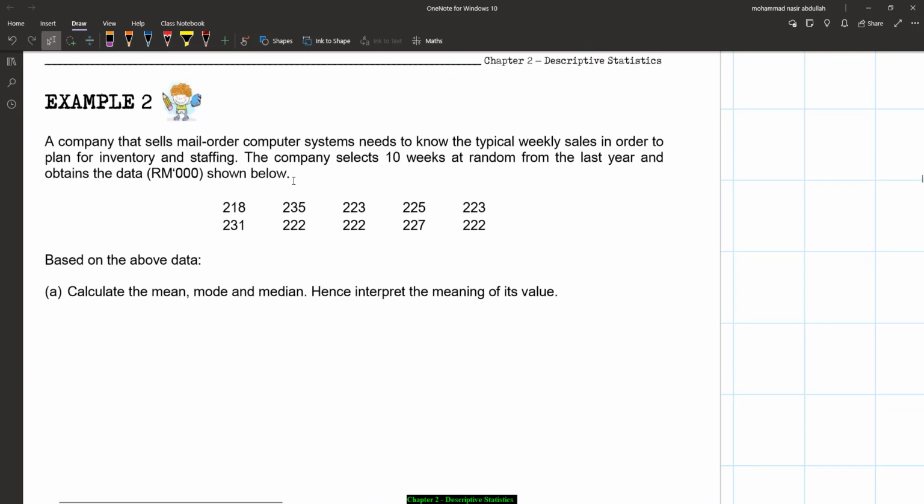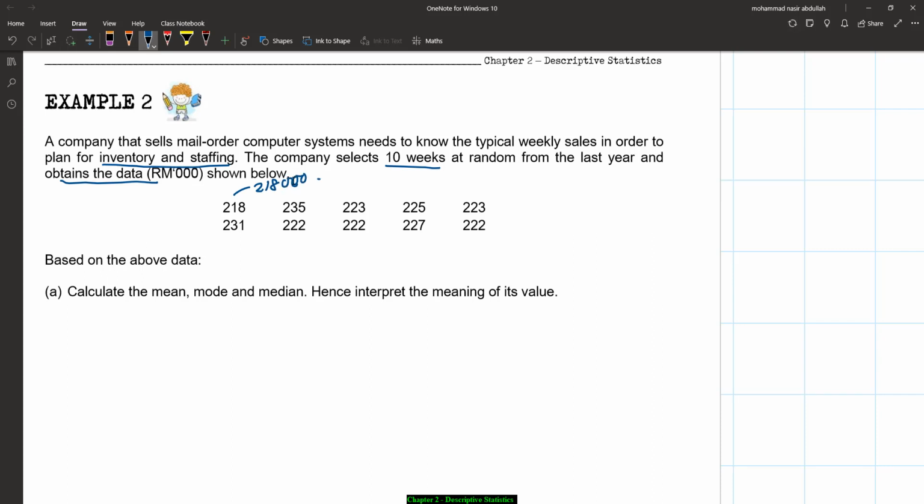So example number 2, a company that sell mail order computer system needs to know the typical week sales in order to plan for inventory or staffing. The company select 10 weeks at random from the last year and obtain the data in thousand. Right, in thousand lah. So this represent 218,000. Right, and so on lah.